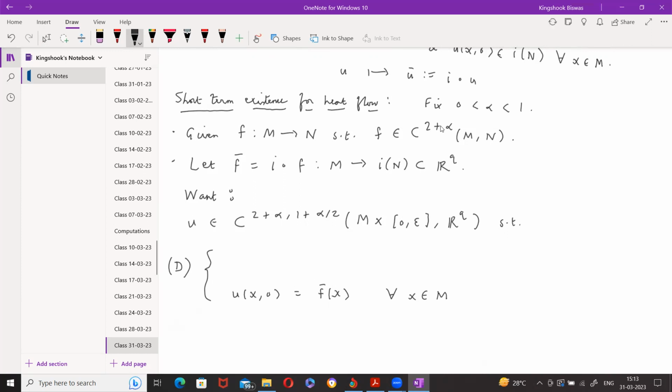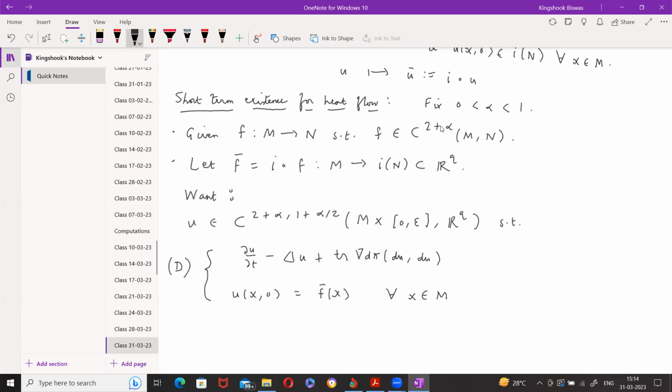And we have this PDE, del U del T is equal to Laplacian U minus that. So let me write it in this form. Del U del T minus Laplacian U plus trace of nabla d pi of dU. So I've changed notation a bit.